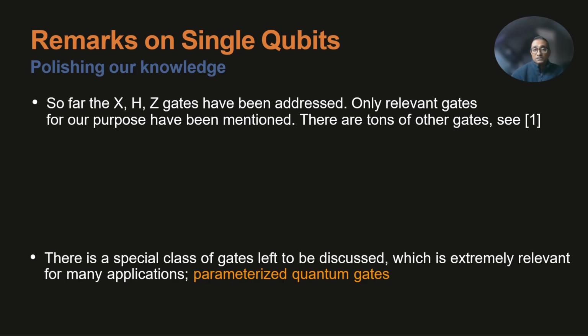However, the problem with single qubit gates is that their operational capability is very limited, and that's why for much more complex practical applications, we would have to consider something else, what we call parameterized quantum gates.